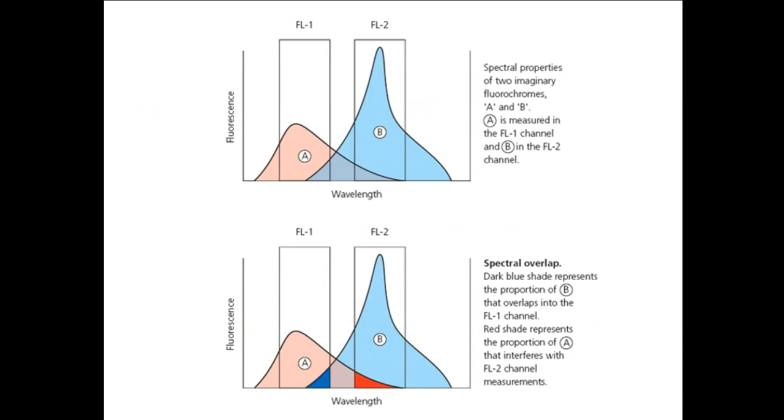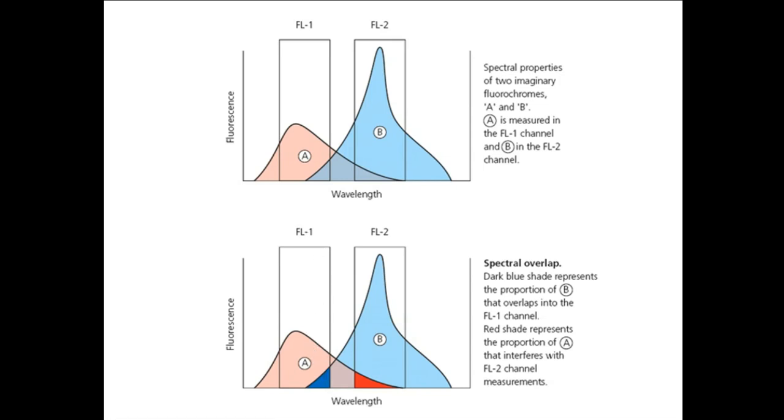So here we have two fluorochromes, fluorochrome A and fluorochrome B. Now FL1, the detector FL1, has been designated to detect fluorochrome A. FL2 has been designated to detect fluorochrome B. Now as you can see, some of the light emitted by fluorochrome B here is detected in FL1.